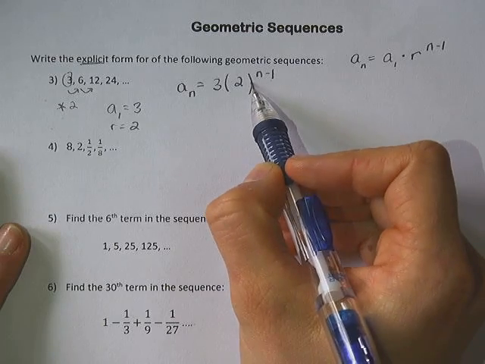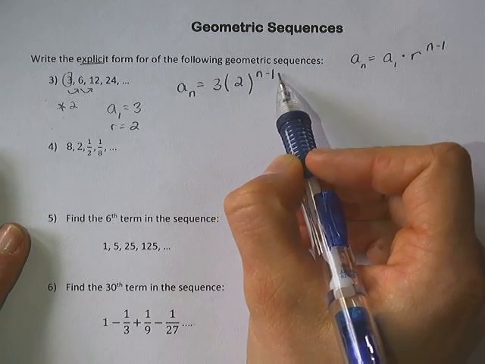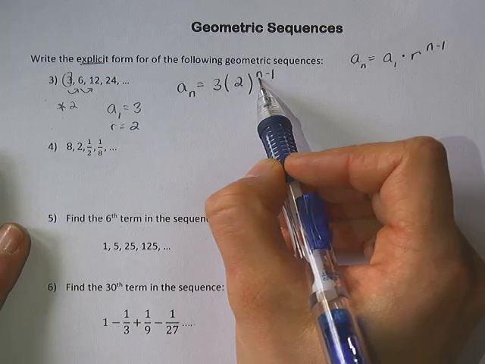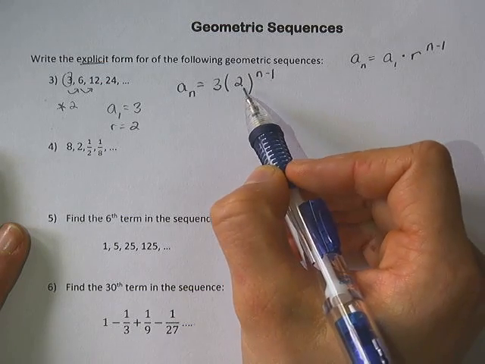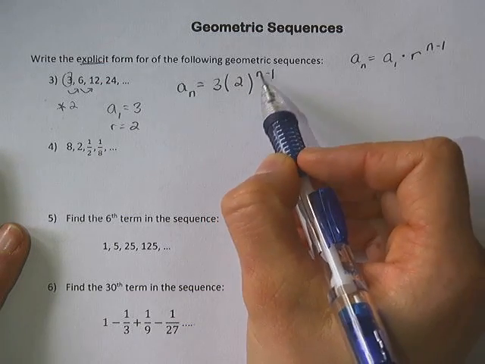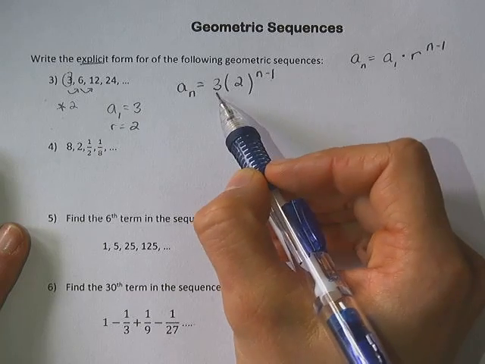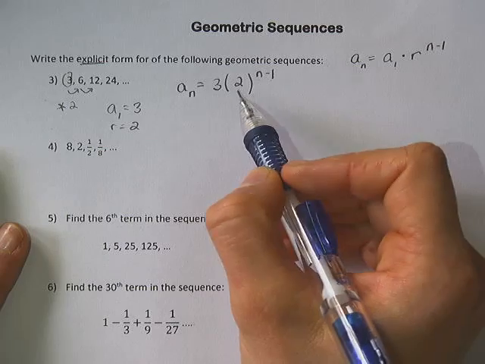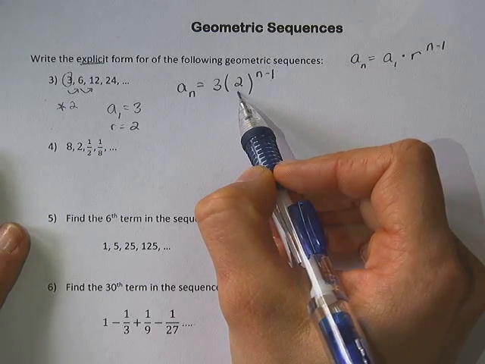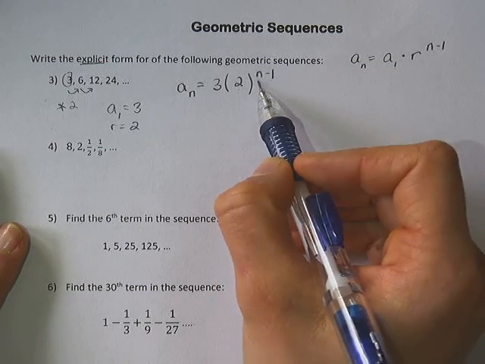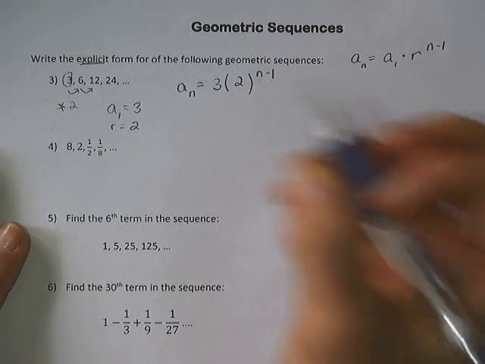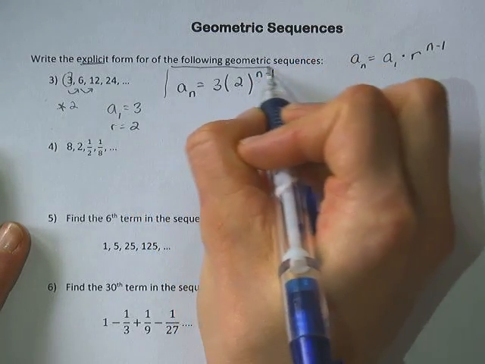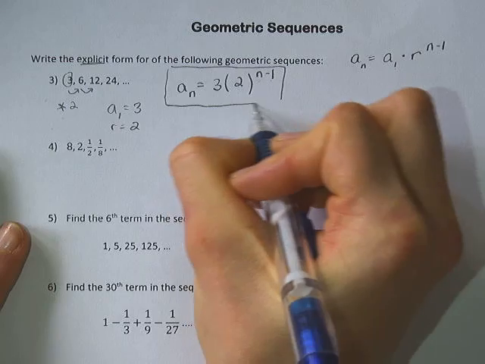Because we can't actually do anything with the exponent right now, since it's got an n in it, we cannot take the 2 to that power so that we can then multiply by 3. The mistake that most people make is they try to take 3 times 2. You cannot do that. Think of the order of operations: you have to do the exponents first. And so this is actually as far as we can go with the explicit form.